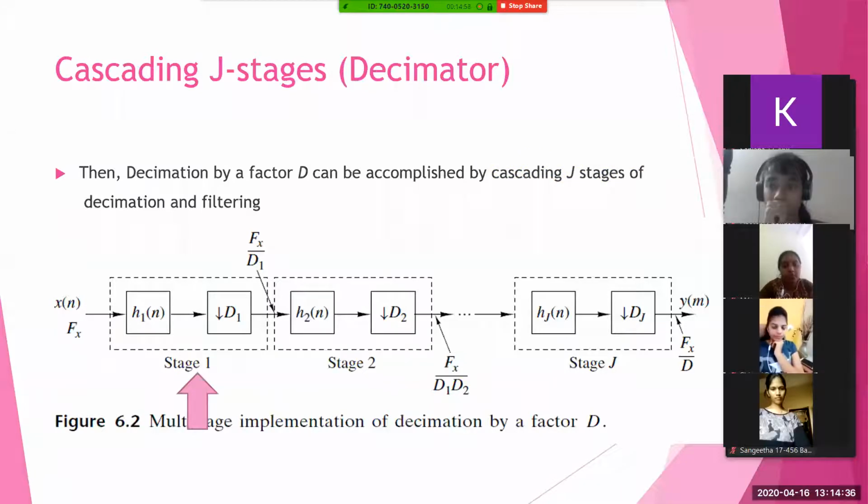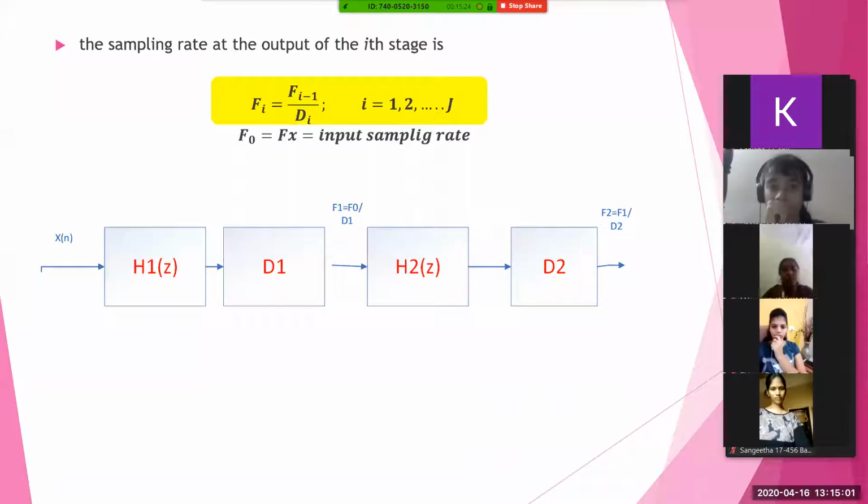Here you can see I have a filter followed by a downsampler. Since this is a decimator, we have an anti-aliasing filter which precedes the downsampler. This is for stage 1 and this is for stage 2, and similarly this process will continue for the remaining stages.